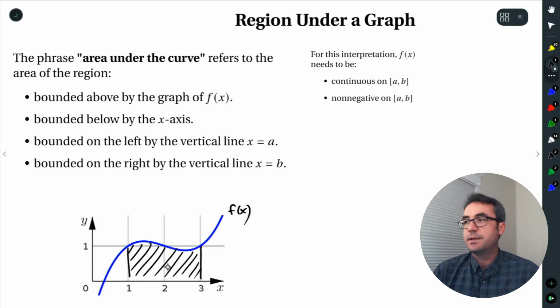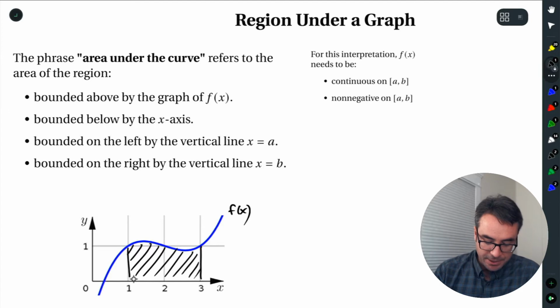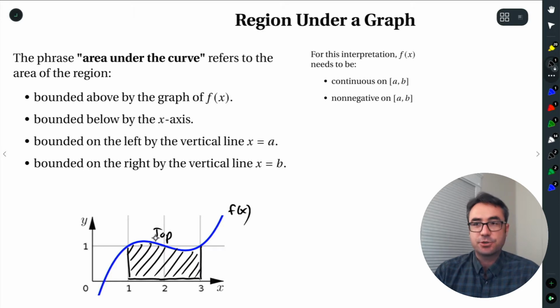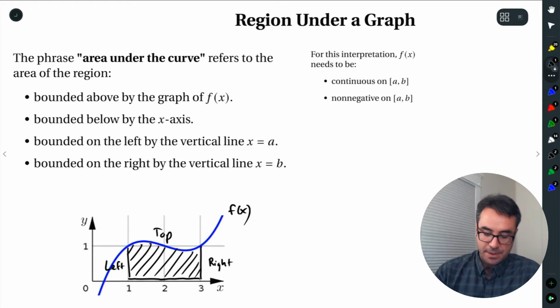And so we're dealing with this region here, where the bottom of this region is the x-axis. The top of the region is actually the piece of our curve, f of x. And then we have our right side, we have our left side, and these are just vertical lines. In this case, x equals 1 and x equals 3.